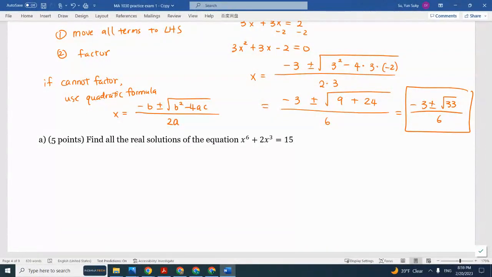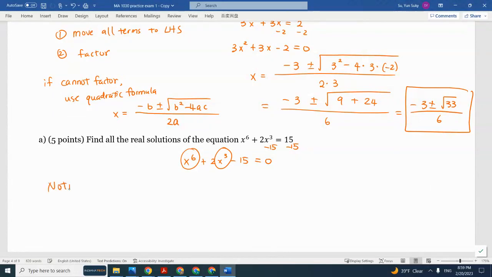Next problem. We want to move all terms to the left. So subtract 15 on both sides. x to the 6th plus 2x cubed minus 15 equals 0. This is not a quadratic equation, but do you realize x to the 6th is x cubed squared?